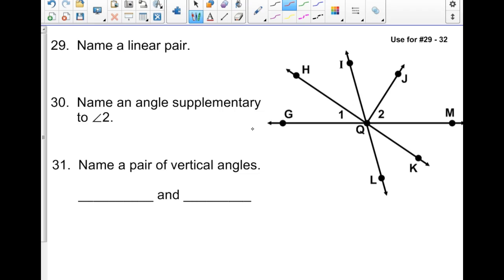Name a linear pair. There are a lot of pairs that are linear pairs. In order to name a linear pair, you need to name a pair of angles that add to 180. There's a lot of different possible correct answers in this picture. If I decided to go with angle GQH, to get a linear pair, I could go this way and name angle GQK.